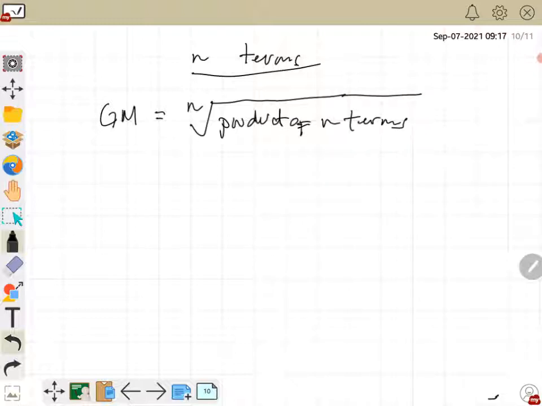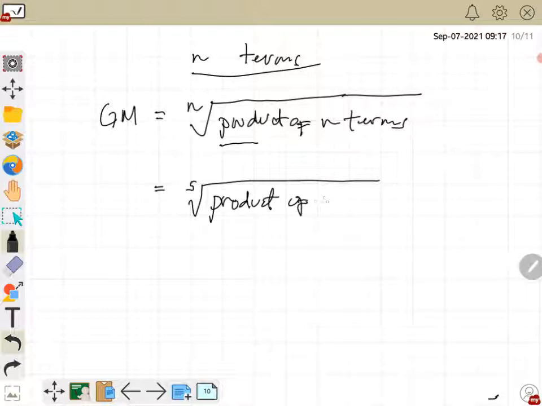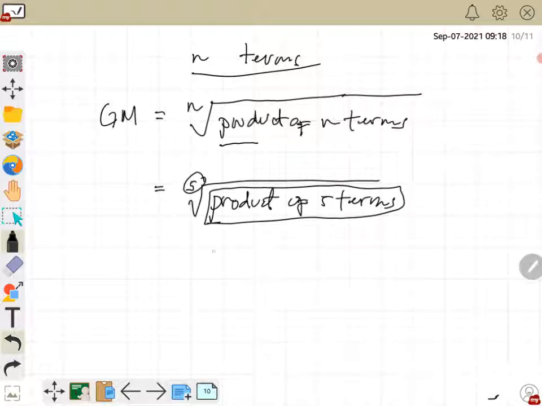What do you mean by that? If there are 5 terms, multiply the 5 terms, then get the fifth root of that product, because you have 5 terms.